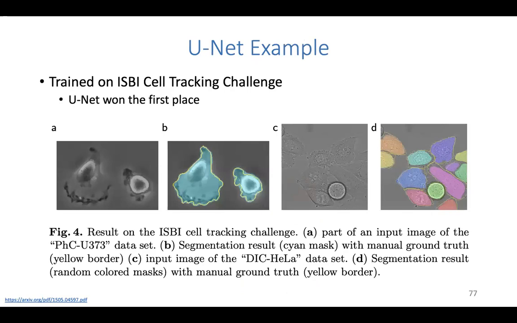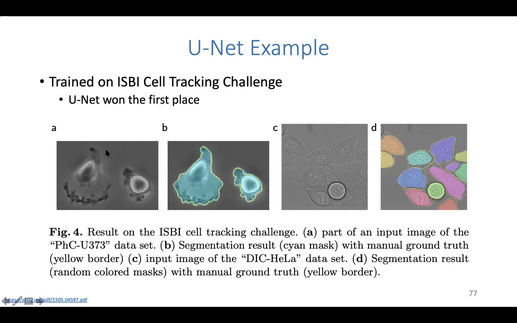Right. So the author of the U-Net originally trained the U-Net for the ISBI cell tracking challenge. ISBI is the International Symposium on Biomedical Imaging. They have a challenge every year. I'm not sure if it's every year, but when this paper was written, it was 2015. So they had the ISBI cell tracking challenge 2015, where U-Net won first place.